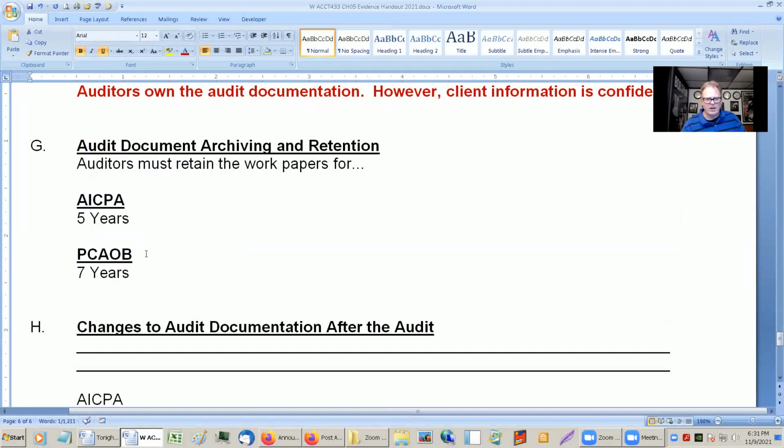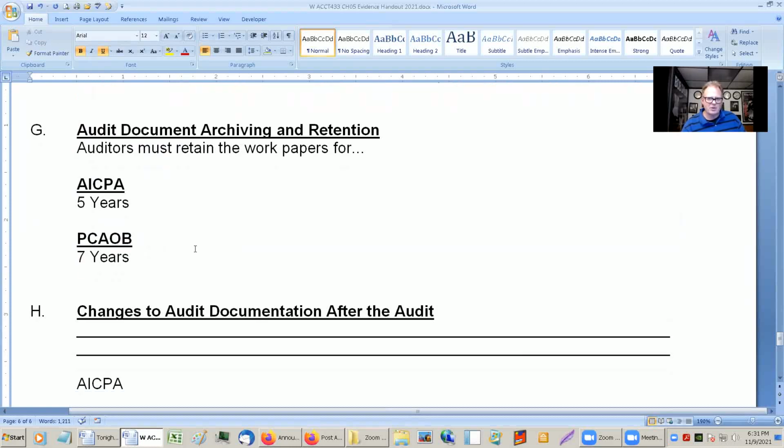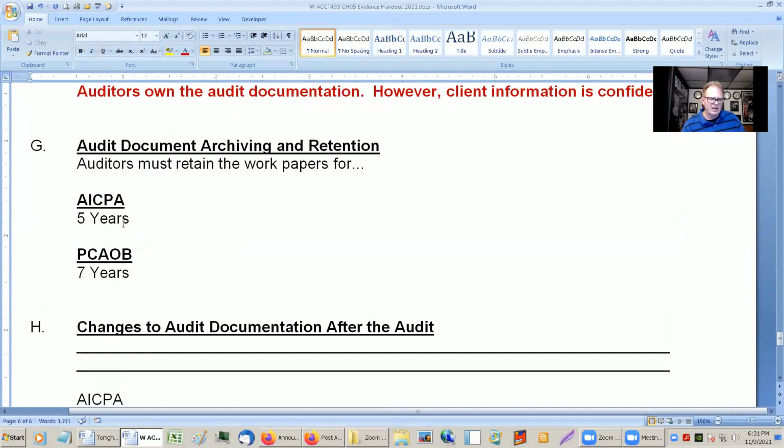I'll look it up before I write it down here. I think there are some government agencies that require 10 years, but the AICPA and the PCAOB are 5 and 7. So you have to keep the work papers around for that many years.